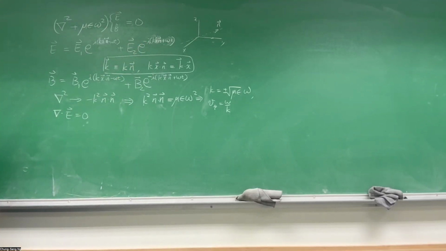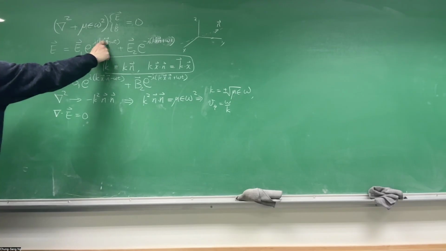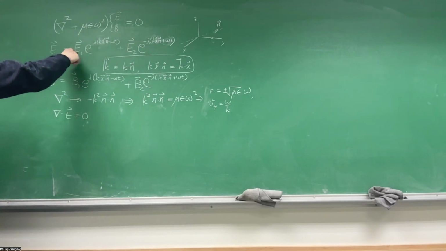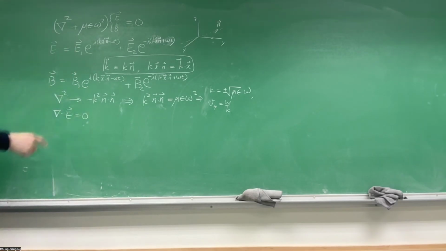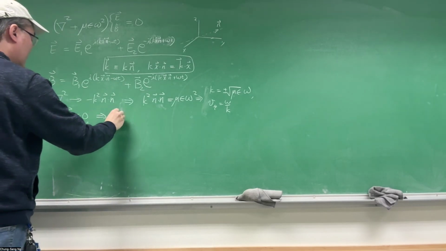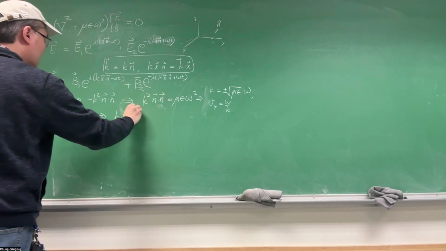But for either one of them, either you pull out ik times n or minus ik times n, you dot back to the electric field that is zero, so that implies k dot n or kn dot E is zero.